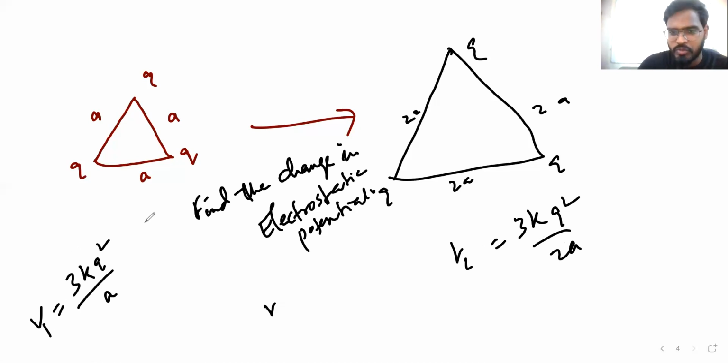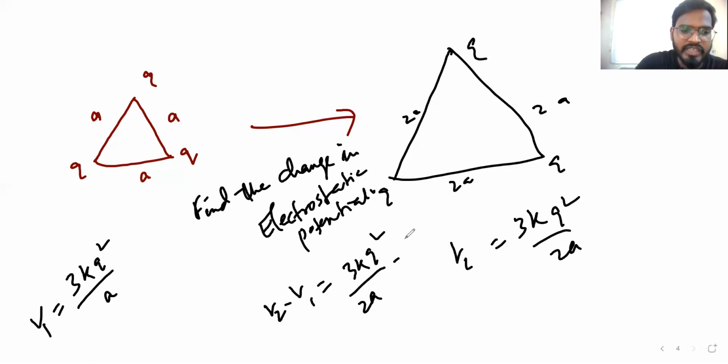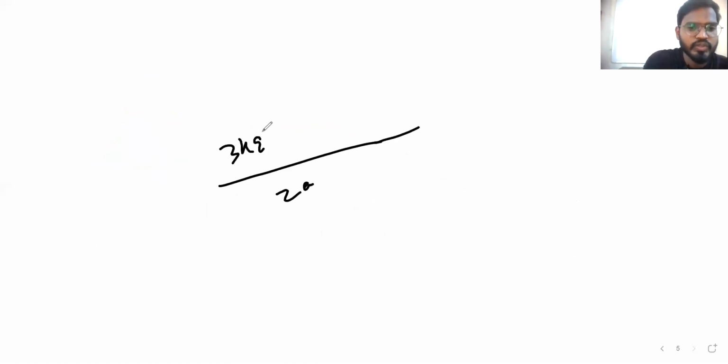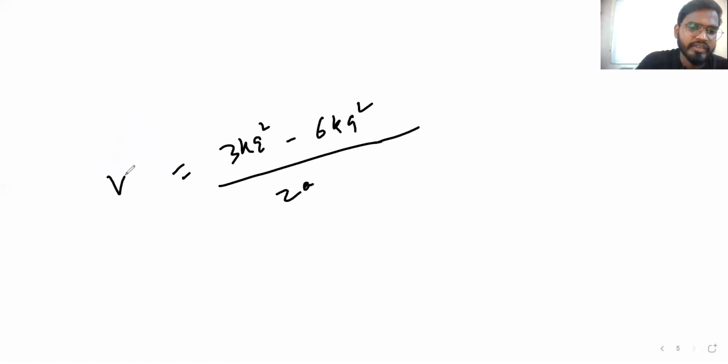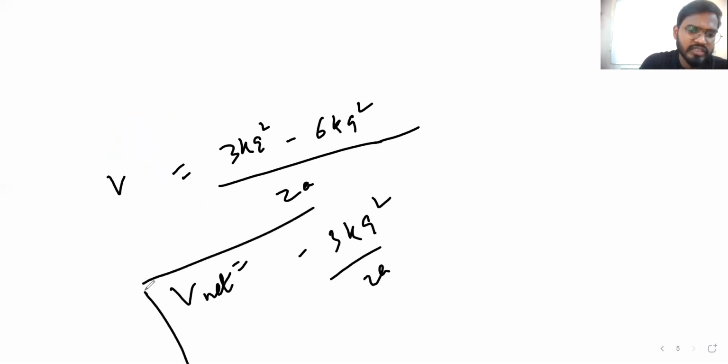This was initial, this was final. So the change is V2 minus V1, so 3KQ square by 2A minus 3KQ square by A. 2A is the LCM, so 3KQ square minus 6KQ square, that will become minus 3KQ square by 2A. That is the net change in potential. That's it, guys.